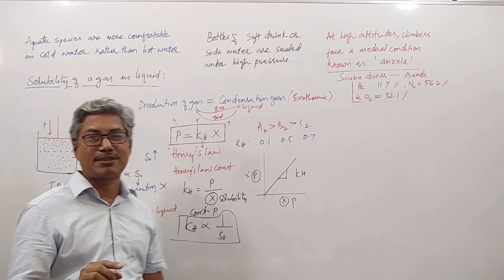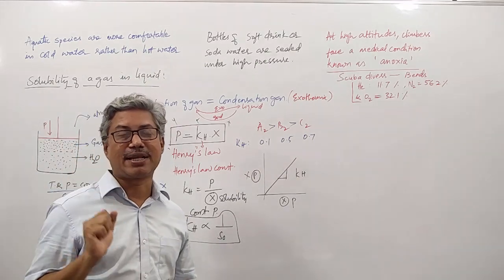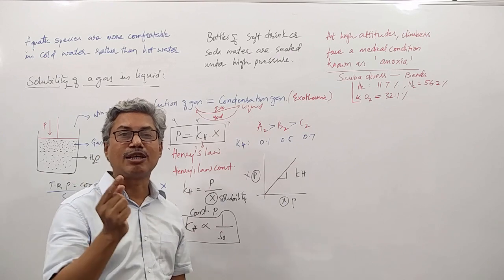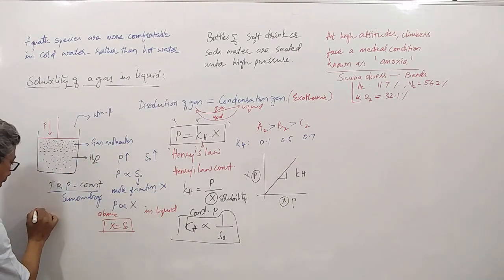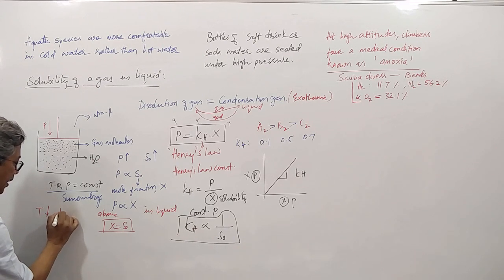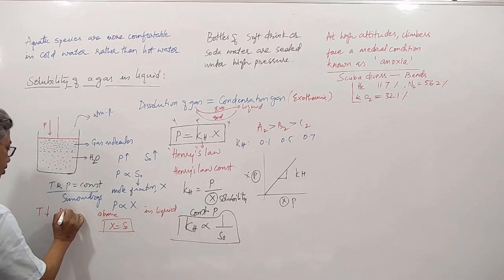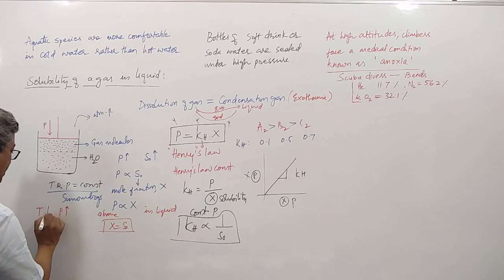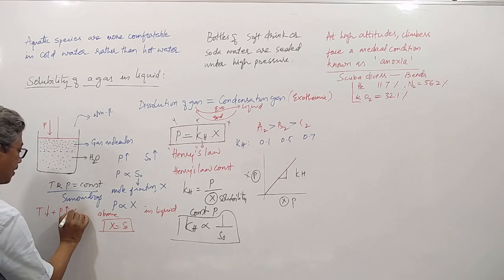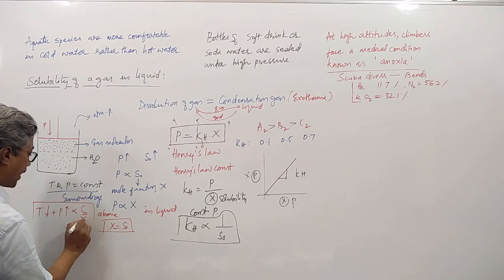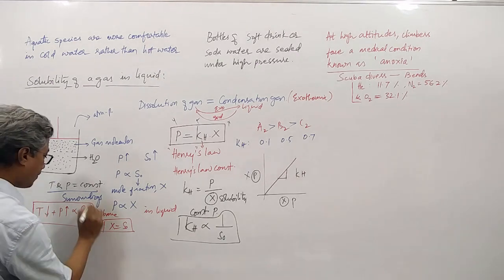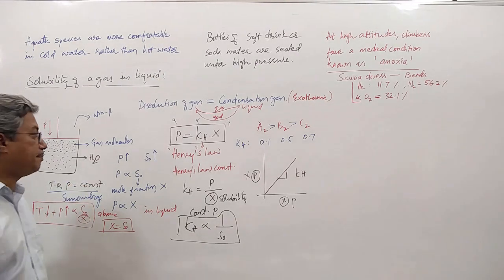So, an increase in pressure and a decrease in temperature increases the solubility. Remember this, students. Temperature should be decreased and pressure of the gas above the liquid should be increased. This combined effect of these two will greatly increase the solubility of the gas, that is, the mole fraction of the gas in the liquid.